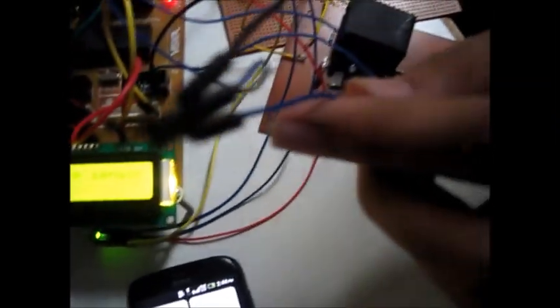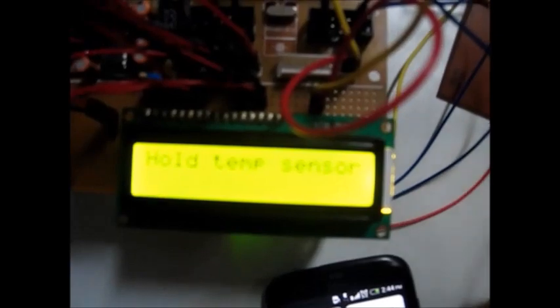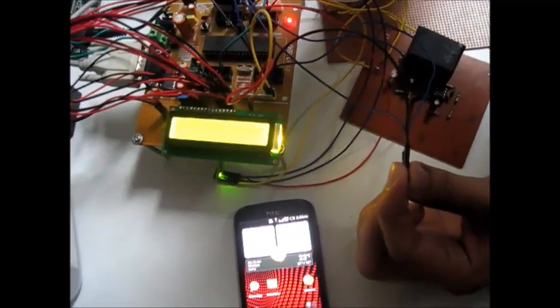The LM35 temperature sensor is connected to port A0 of the ATmega16 microcontroller. The LCD connected displays the instructions to be followed by the patient for measuring the temperature. In order to get an accurate reading, 20 samples are taken from the ADC channel and the average of these samples is the measured temperature of the patient.